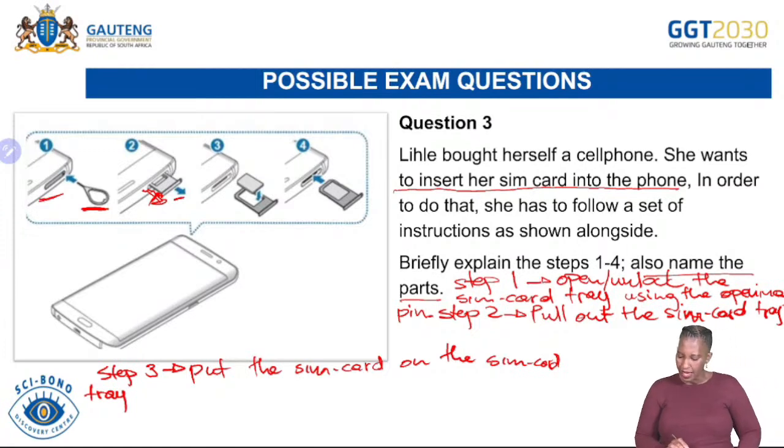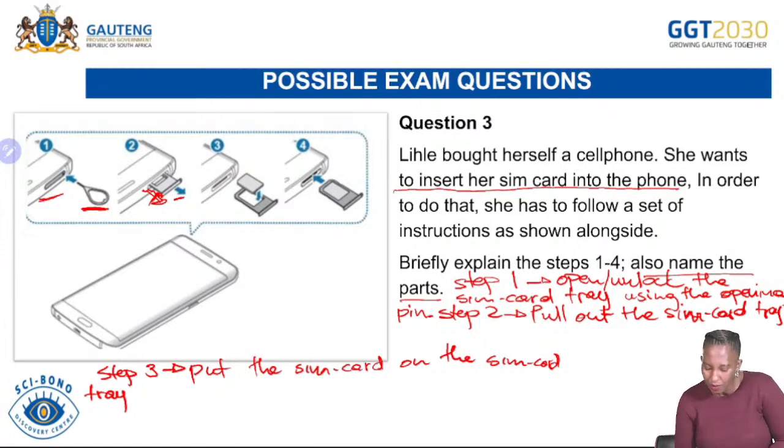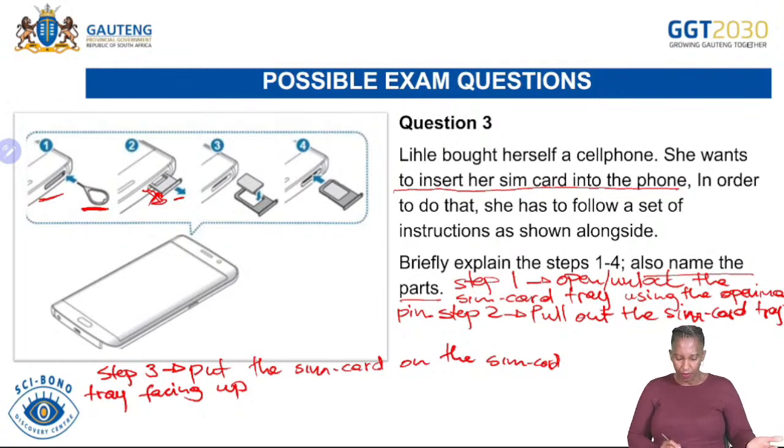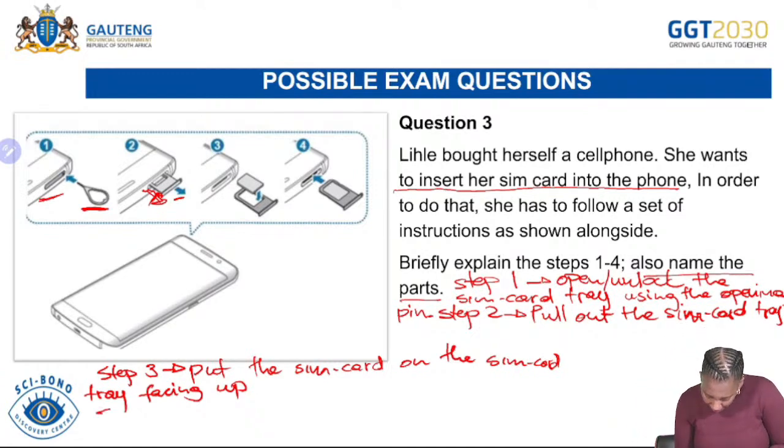That's what we are doing. And then the SIM card must be facing where? Facing up. So that means our SIM card must be facing up, and then we put the SIM card onto the SIM card tray.